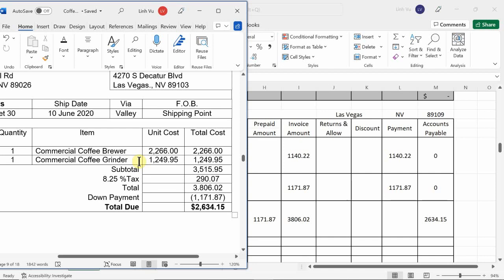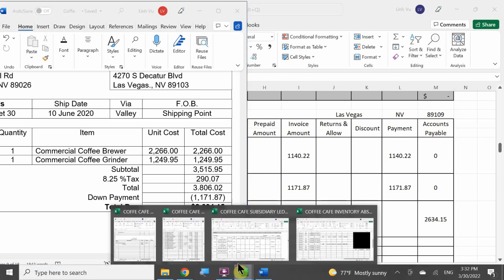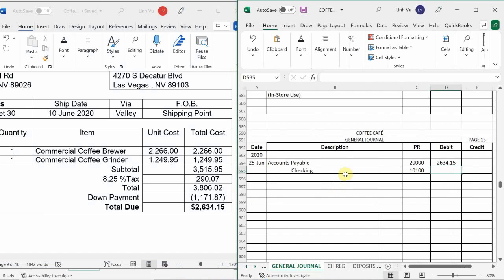How much are we going to be discounting? Which number are we going to discount? The subtotal. Okay, the subtotal of how much? 3,515.95.